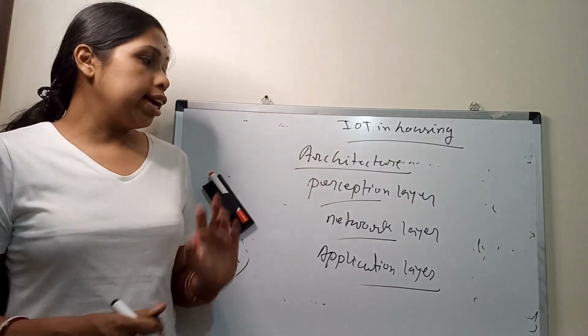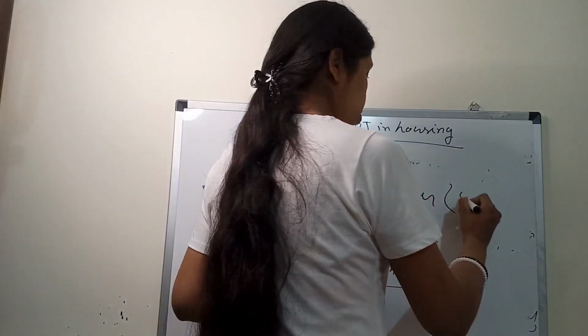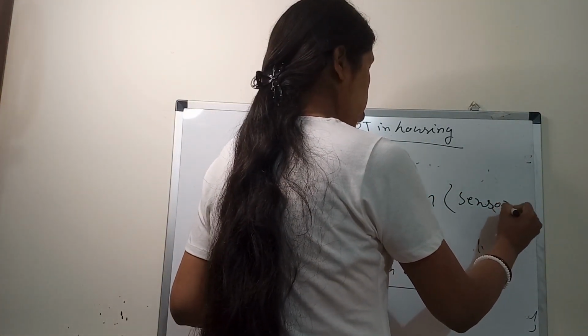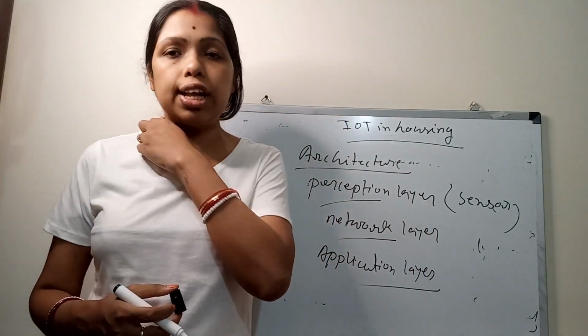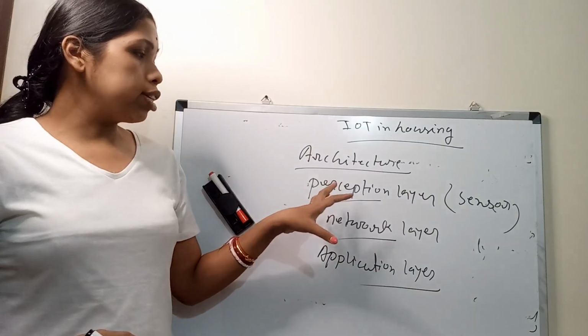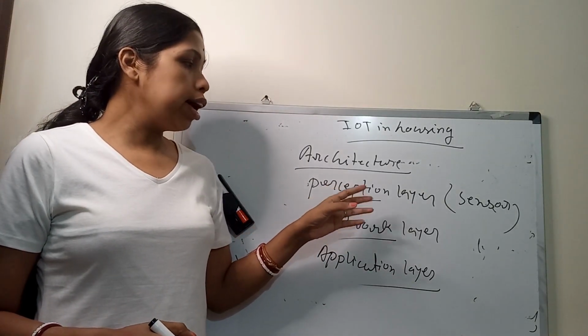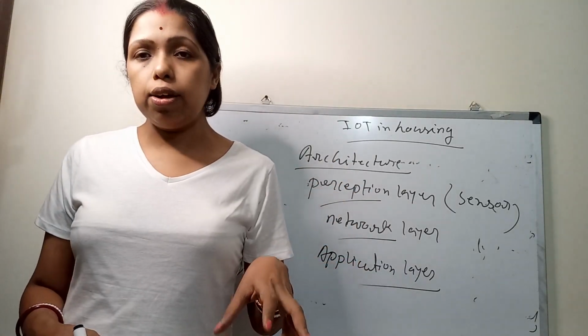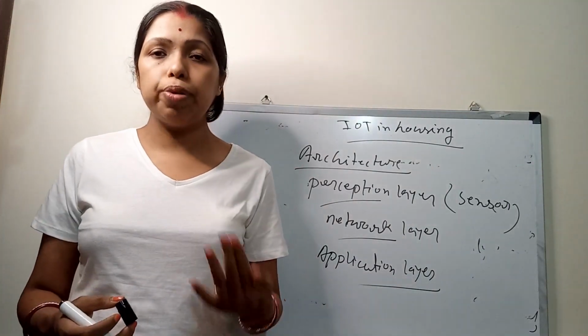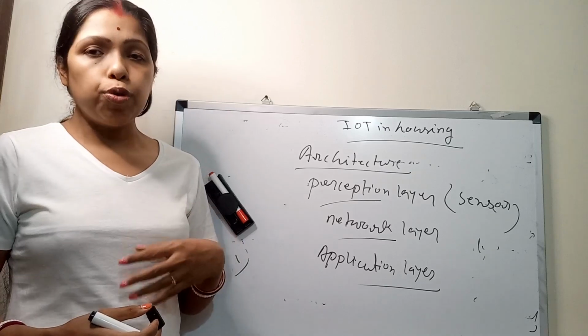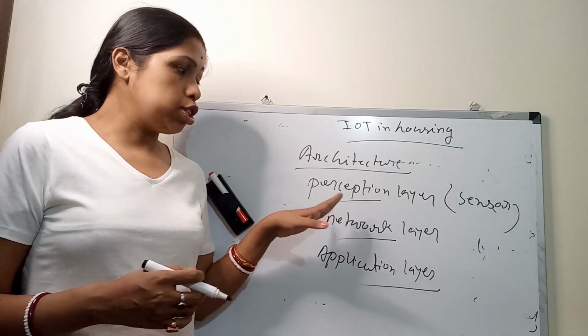The perception layer is mainly associated with the sensor. I discussed this in a previous lecture. What is the principle of this layer? It can only detect our input. Based on the application requirement, the data can be collected by the perception layer.